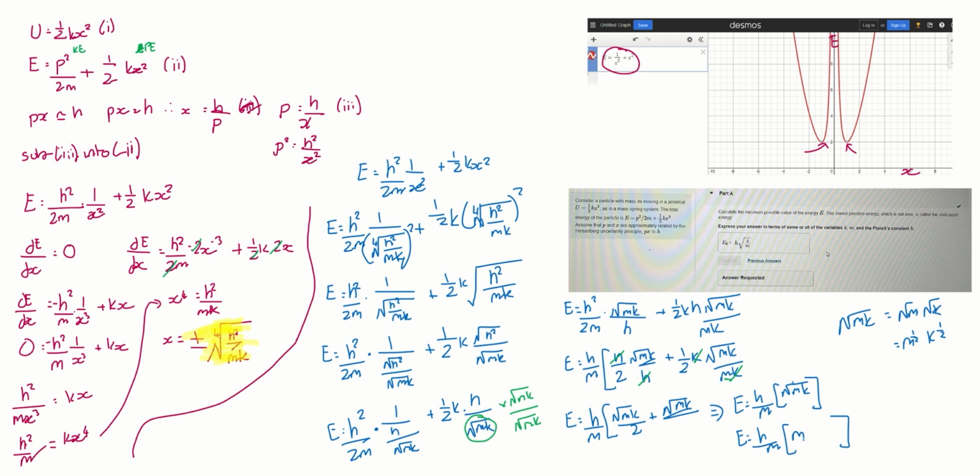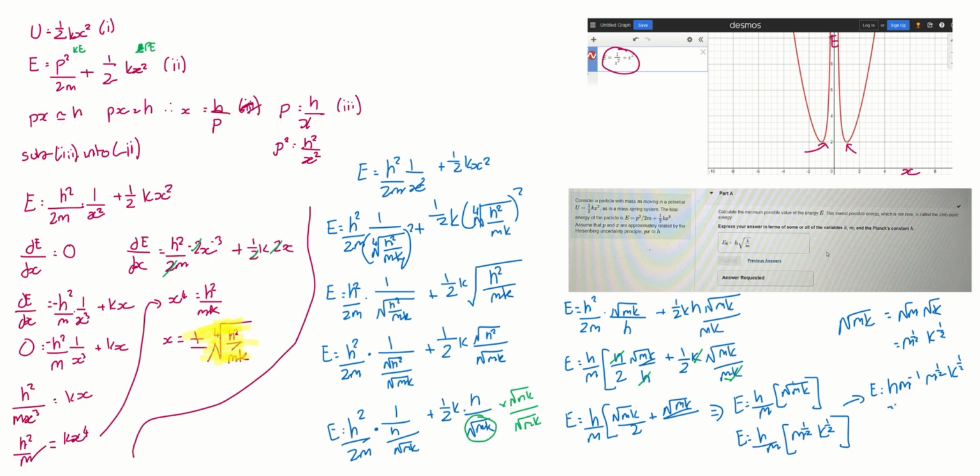So we've got m to the half, k to the half, almost there. Look at that little m down there. Let's multiply out, m at the bottom is actually m to the minus 1. So we can write this out as E equals h, and we're just m to the minus 1, because that's what h over m is, times by m to the half, that was in brackets, k to the half, and we're left with, let's have a look.